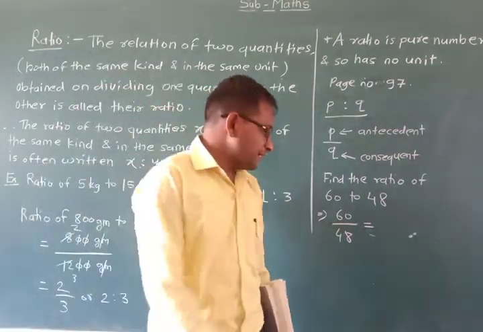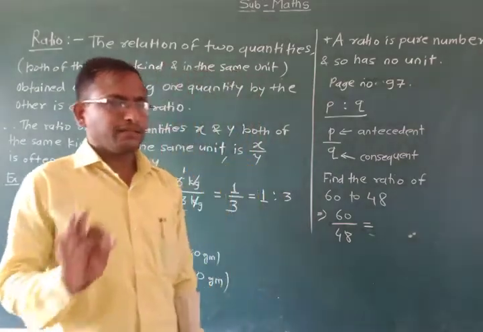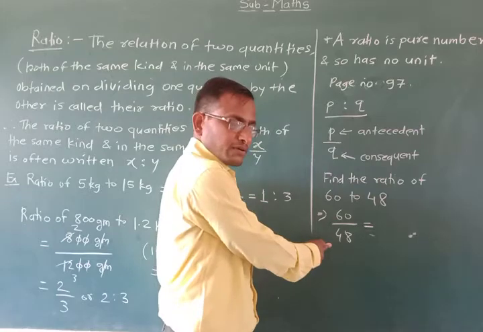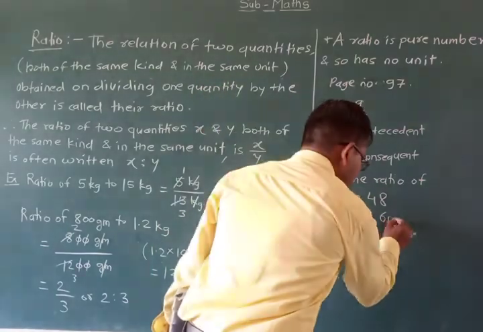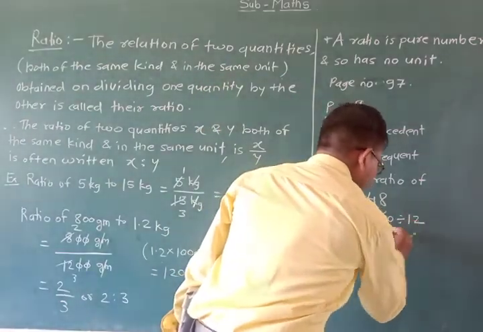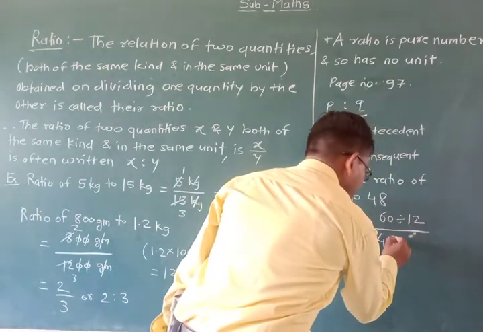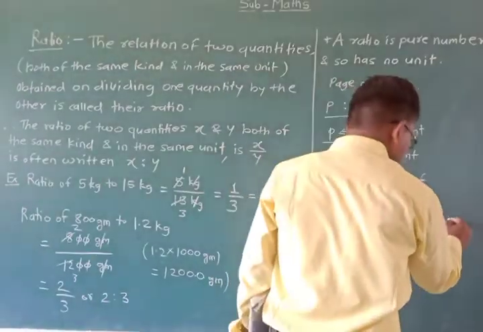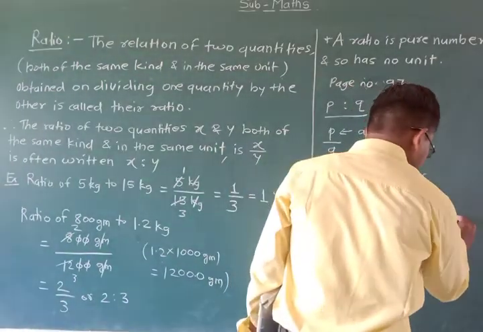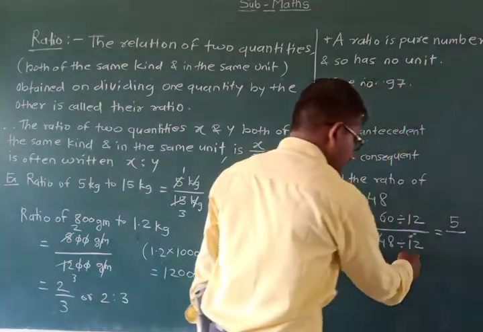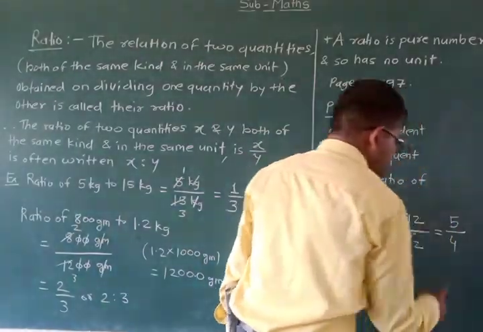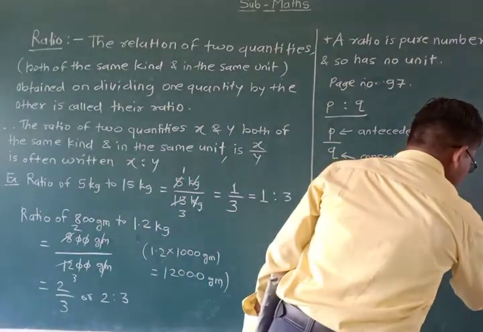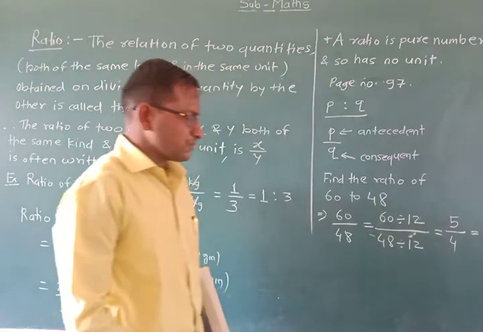Which number divides both 60 and 48? In the 12 table, both numbers are present. 12 5s are 60, 12 4s are 48. So 60 divided by 12 upon 48 divided by 12, and 12 5s are 60, so write 5, and 12 4s are 48. So your answer is 5 upon 4 or 5 is to 4.